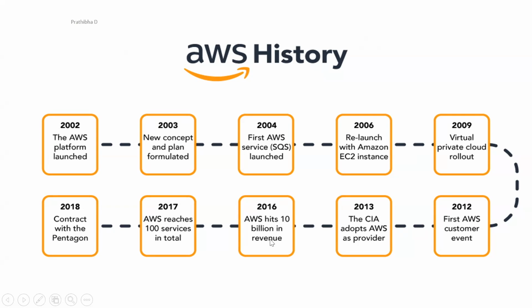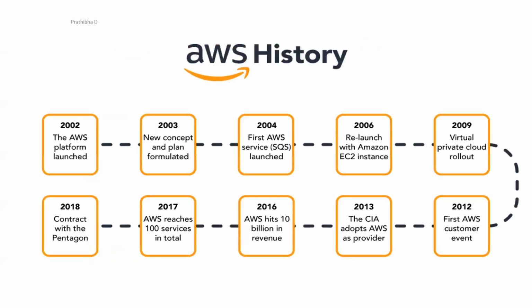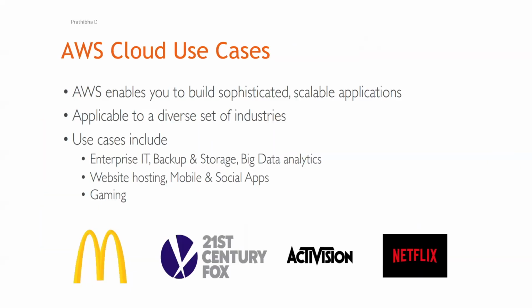Then in 2016, it reached 10 billion in revenue, and in 2017 more than 100 services. Here it is mentioned till 2018, but now in 2025 there are more than 200, 300 plus services available.